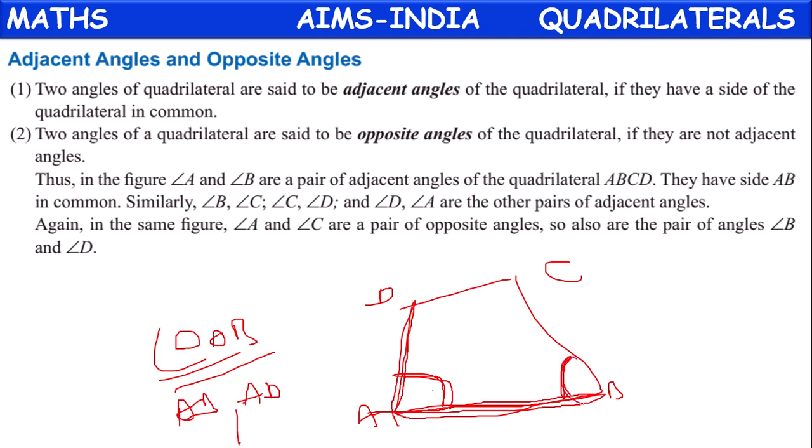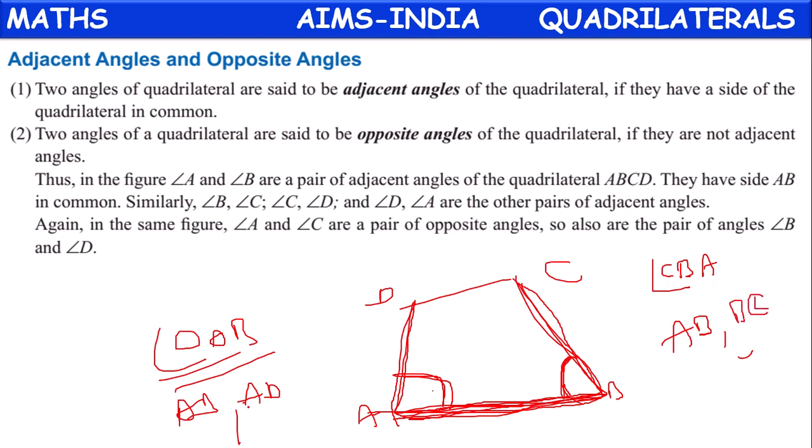In the same way, we have this angle CBA, which is formed because of the AB ray and the BC ray.